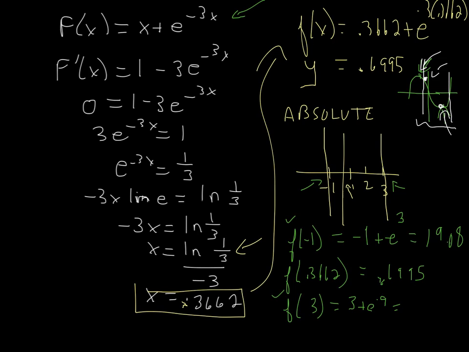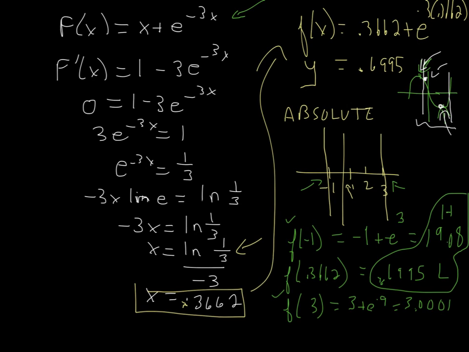And so if I take 3 plus e to the negative 9, I end up with almost 3 exactly, 3.0001, sorry. So all I have to do now is compare those numbers. The lowest is this guy right here, so I'll put an L for lowest. The highest is this guy right here, the 19. And so in this interval, these guys are the winners for my absolute highest and absolute lowest points.